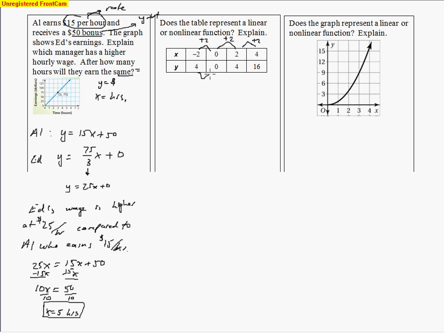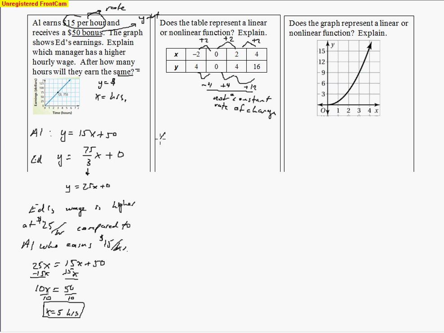Now I look at the y values, and it looks like it's going down by 4, but then it's going up by 4. And then it ends up going up by something else. It goes up by 12. So you see how these are not constant. Not a constant rate of change. And that makes it nonlinear.